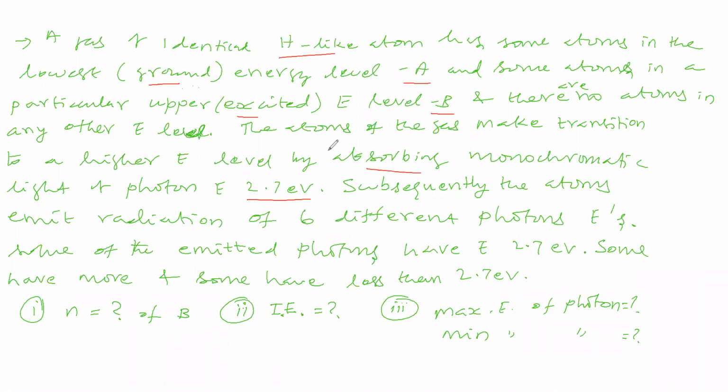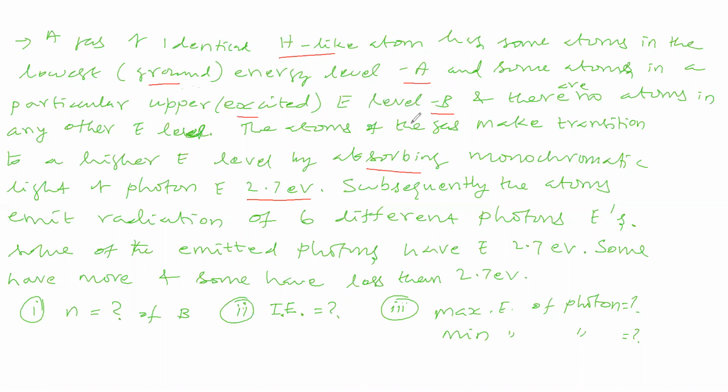They have not mentioned it clearly. Simply they said the gas is absorbing. That means one possibility is atoms in level A absorbing 2.7 electron volt and atoms in B absorbing 2.7 electron volt. Another possibility, only A; another possibility, only B.